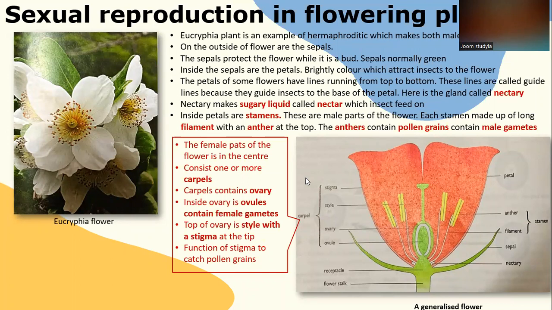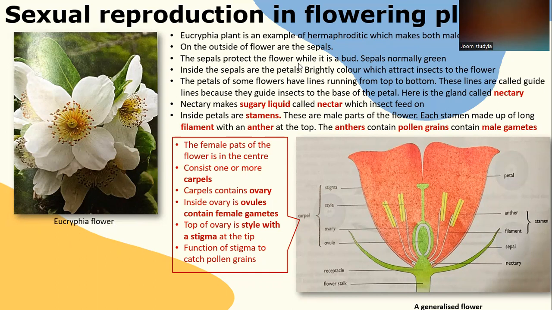Sexual reproduction in flowering plants. The example given here is the Eucryphia flower. The Eucryphia plant is an example of a hermaphrodite, which makes both male and female gametes. On the outside of the flower are the sepals.